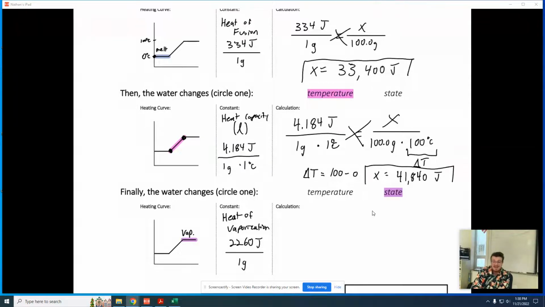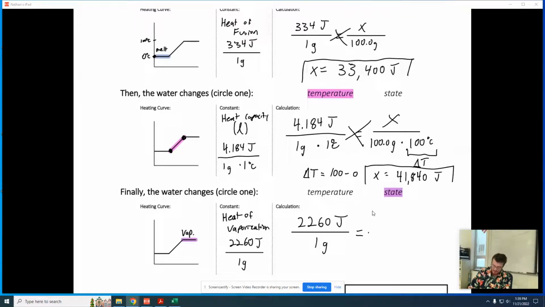So it takes a lot of energy to actually vaporize a liquid, because we have to break those particles free of all of their attractions so that they can fully separate from each other, and the substance can expand to fill its container.